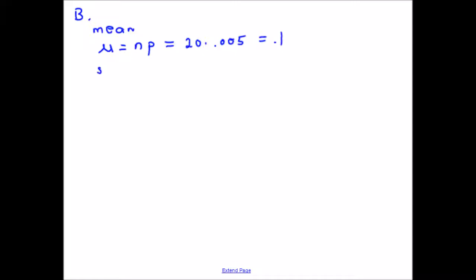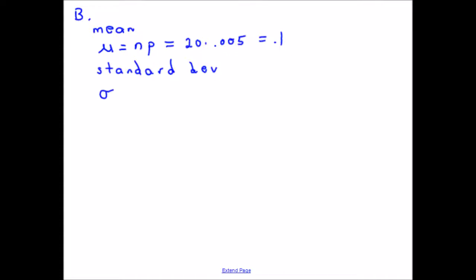The standard deviation, it is an equivalent formula to the one that we saw in the earlier video, but calculating it by that technique would be extremely difficult, extremely time-consuming.